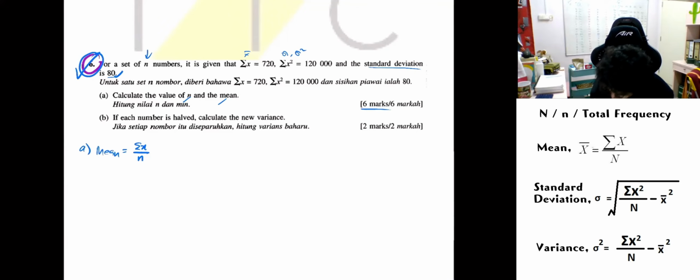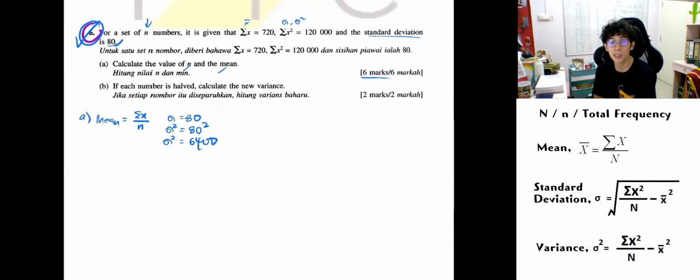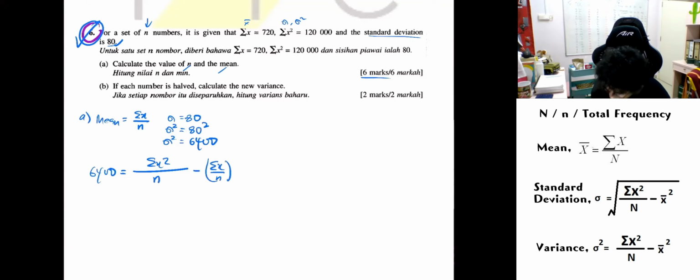Standard deviation equals 80, so variance equals 80 squared, which is 6400. So 6400 equals sigma x squared divided by n minus your mean squared. So I'm going to put there mean squared. You all understand what I'm trying to do, right? This is the mean mark.